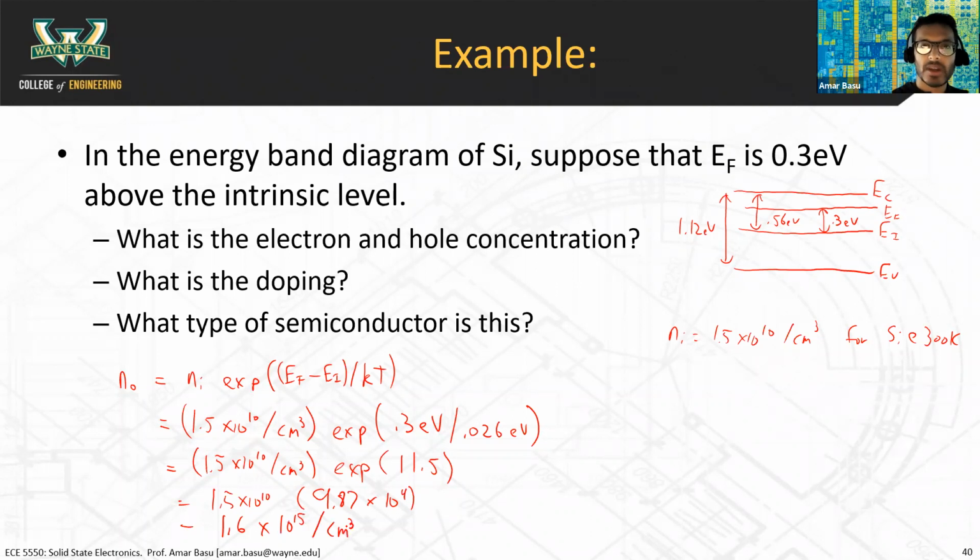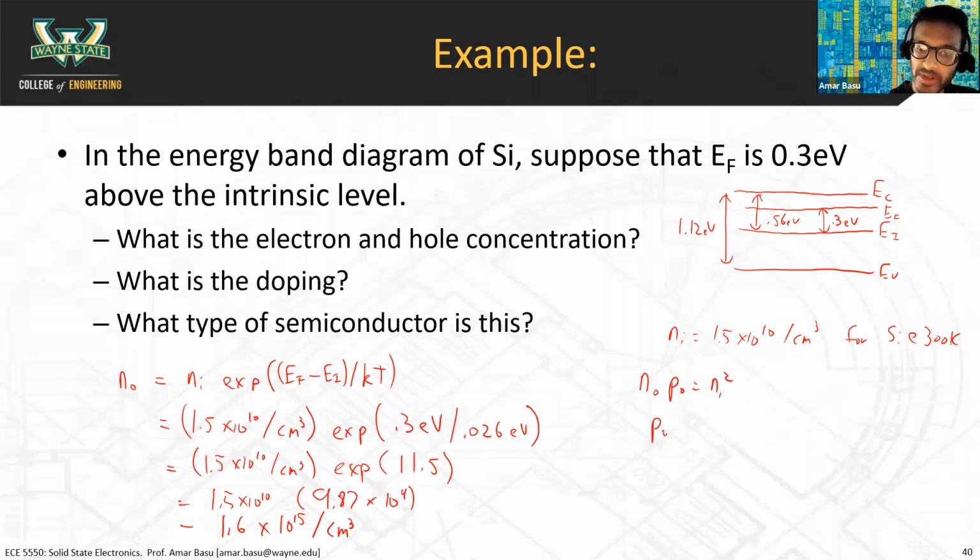All right. Now, once you know the electron concentration, you use np equals ni squared to find the hole concentration. Okay, this is a shortcut, right? Well, not a shortcut. You could use the same equation on the left to figure out the hole concentration as well, but this is much faster.